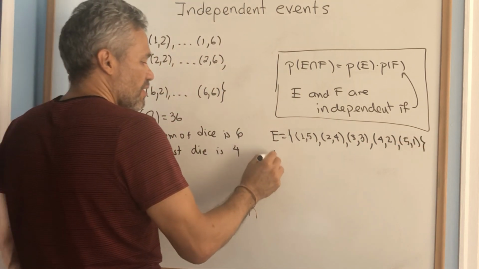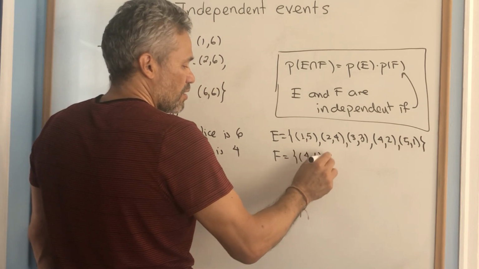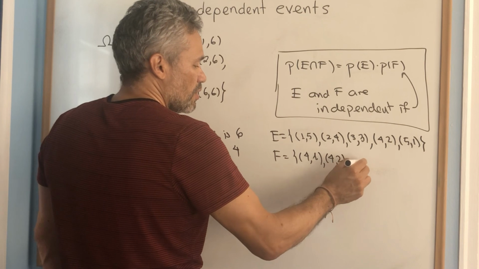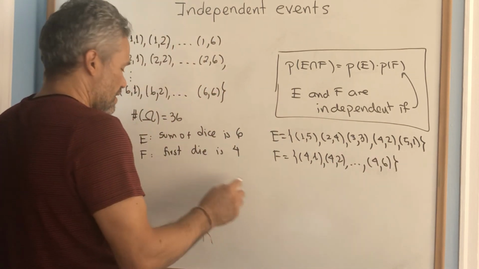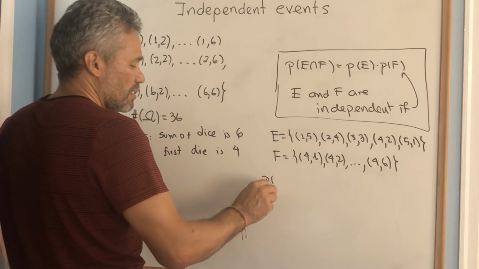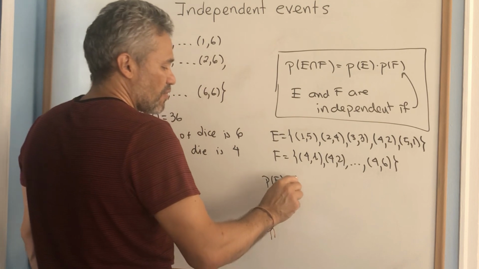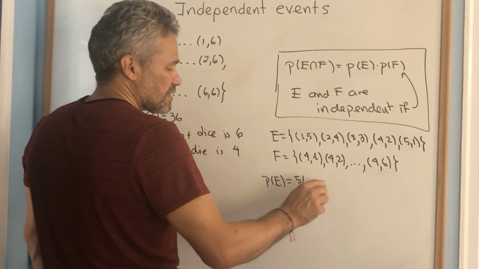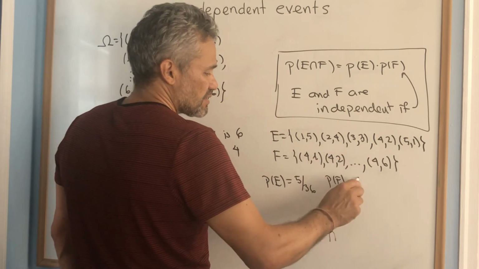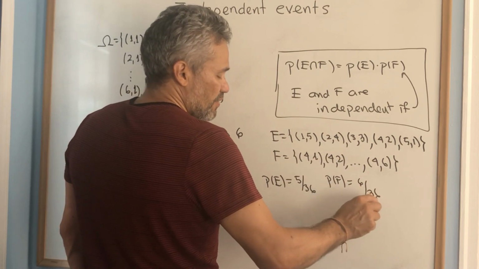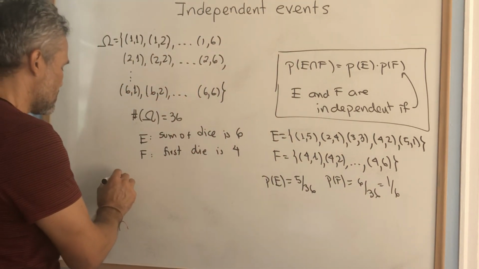And F is the event 4,1; 4,2; until 4,6. That means that the probability of E is 5/36. The probability of F is, there are 6 elements, 6/36, which is 1/6.